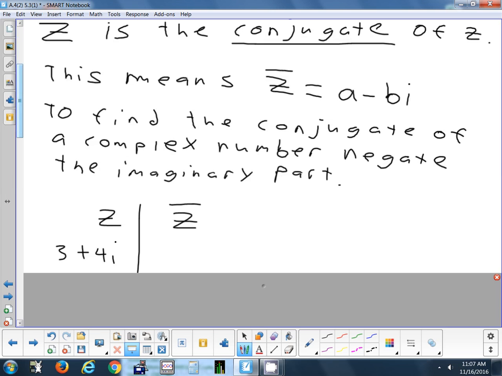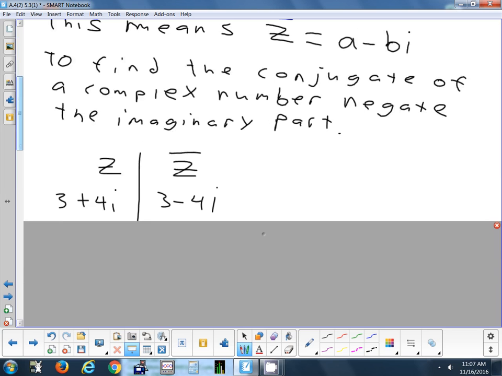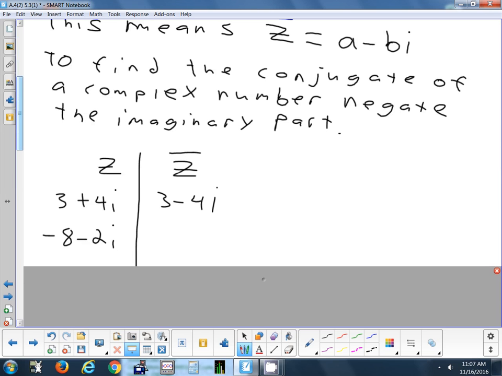Start with what's 3 times 3? 9. Then you have 3 times 4i, which is how much? 12i. And then 3 times -4i? -12i. So that's always going to happen. If you're multiplying conjugates, you don't need to do the outer and the inner.